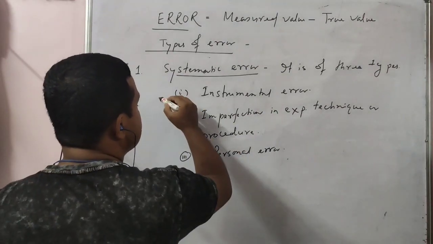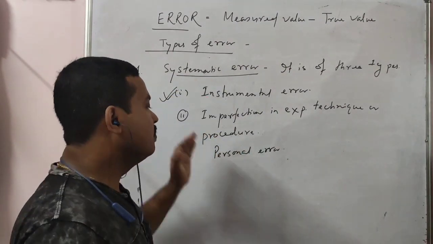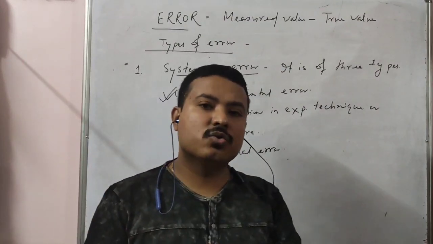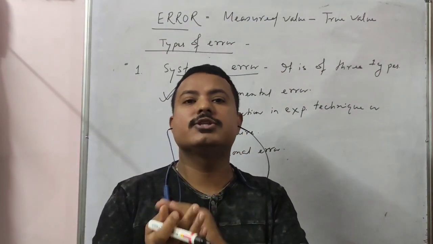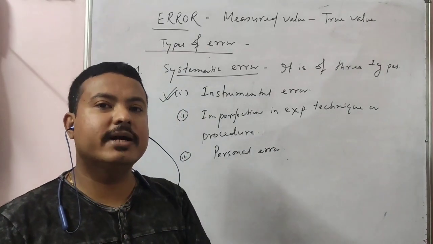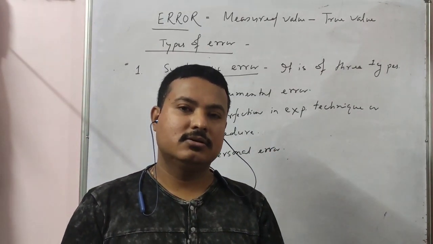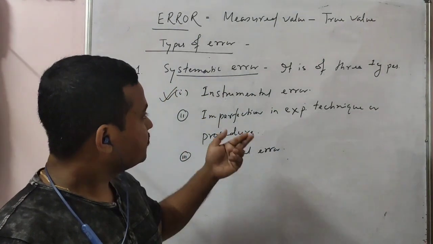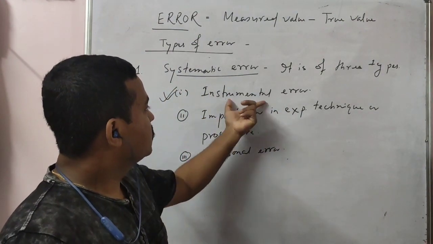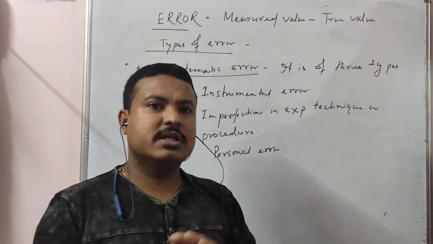Now what is the instrumental error? Instrumental error means the errors occur due to a faulty instrument. That means you are using an instrument which is faulty. Faulty means what? Suppose just take one example.